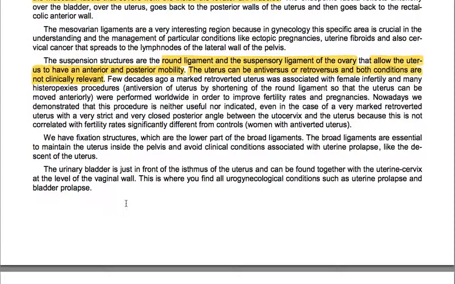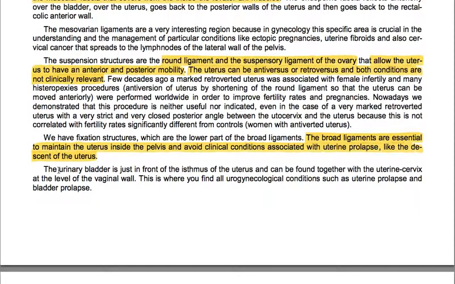The broad ligaments are essential to maintain the uterus inside the pelvis and avoid clinical conditions associated with uterine prolapse, like the descent of the uterus. The urinary bladder is just in front of the isthmus of the uterus and can be found together with the uterine cervix at the level of the vaginal wall.